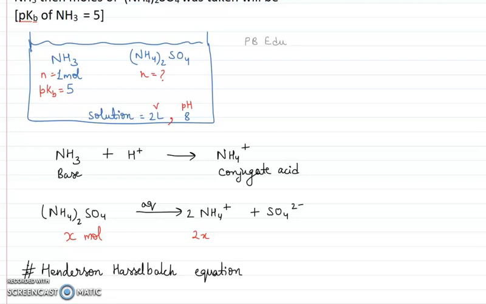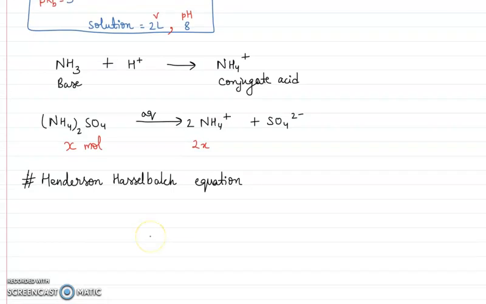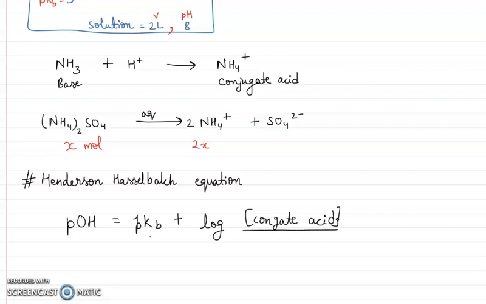To calculate the pH, the formula for a base, because we are given a base, ammonia, a weak base and not a strong acid, means we have to calculate pOH first. So pOH is equal to pKb plus the logarithm of the concentration of the conjugate acid, because the conjugate acid is forming from the base, divided by the base concentration.